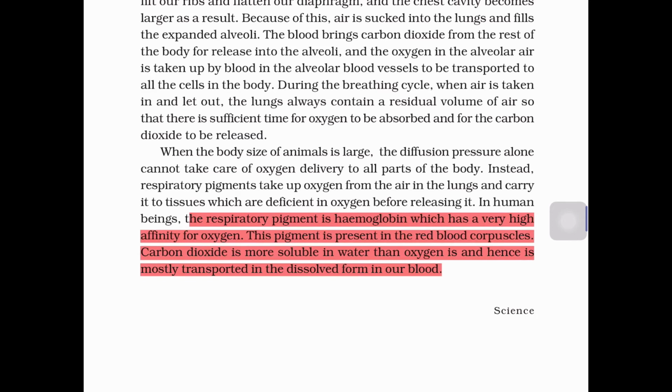So respiratory pigments take up oxygen from the air in the lungs and carry it to the tissues which are deficient in oxygen before releasing it. Due to the presence of these pigments, it is easy to carry oxygen from the lungs to every cell of the body.